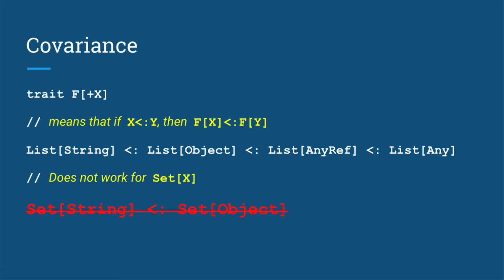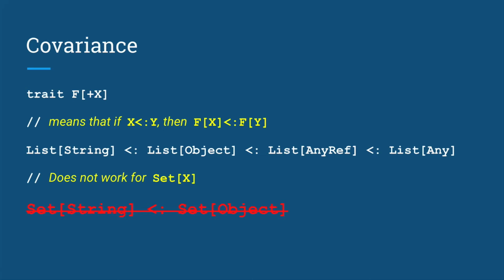So F of plus X, meaning we have map as I showed before, right? For instance, list of strings is a subtype of list of objects, and list of objects is a subtype of list of any ref. When I'm saying subtype, we talked about a different kind of mapping, right?